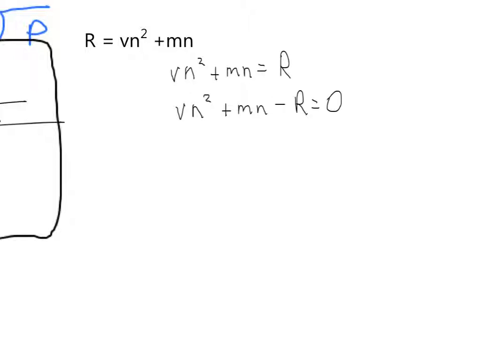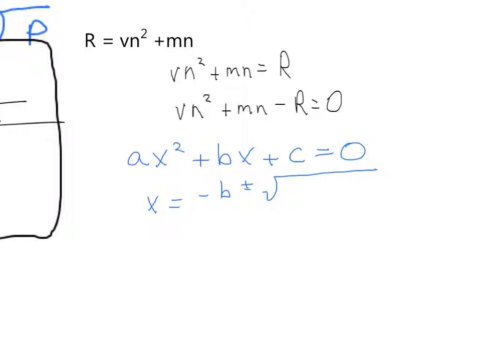So let's do a quick refresh on the quadratic formula. If you have ax squared plus bx plus c equal to 0, you can solve for x using the quadratic formula, which says negative b plus or minus the square root of b squared minus 4ac over 2a.